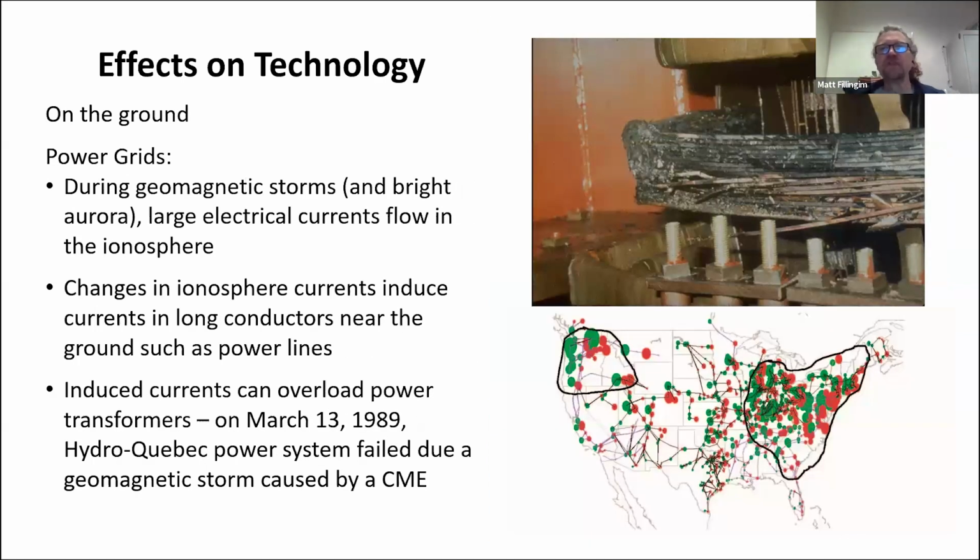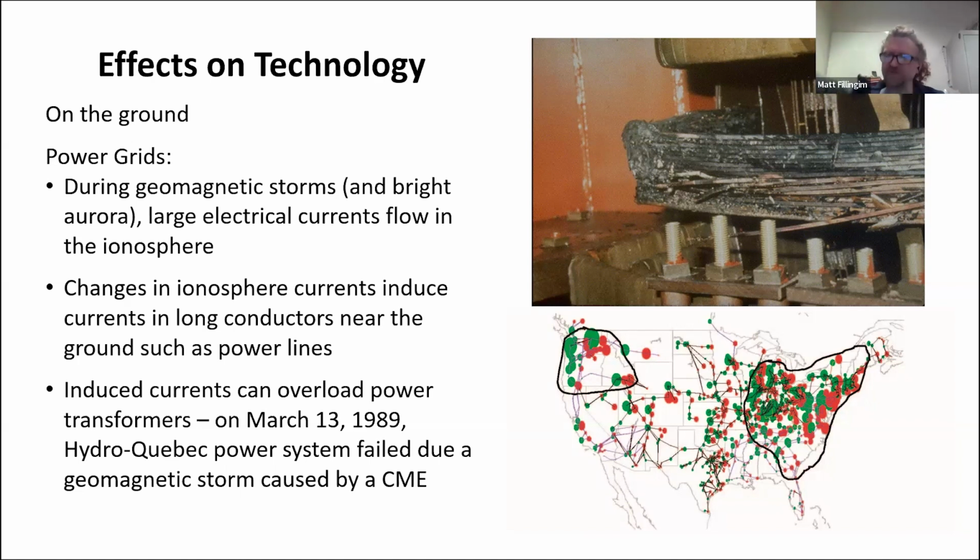Let's see. There are also some effects on the ground that impact us and our technology from solar flares. One of the biggest concerns is the effect on power grids. During geomagnetic storms, where the aurora goes to lower latitude, you have large electrical currents flowing in the ionosphere.